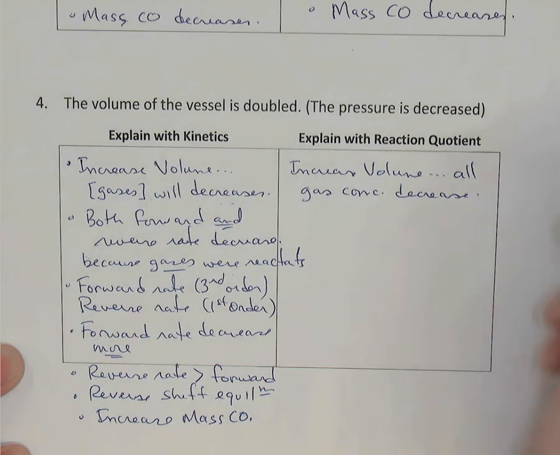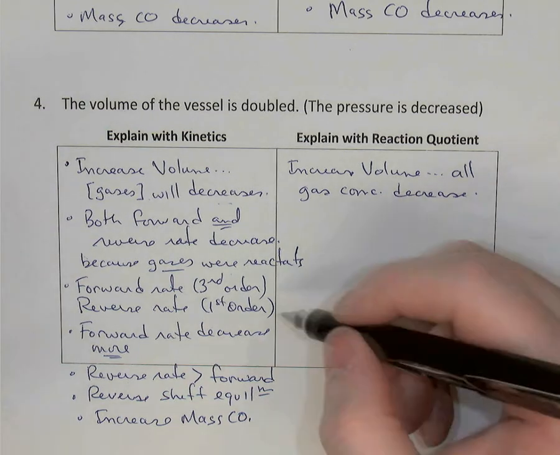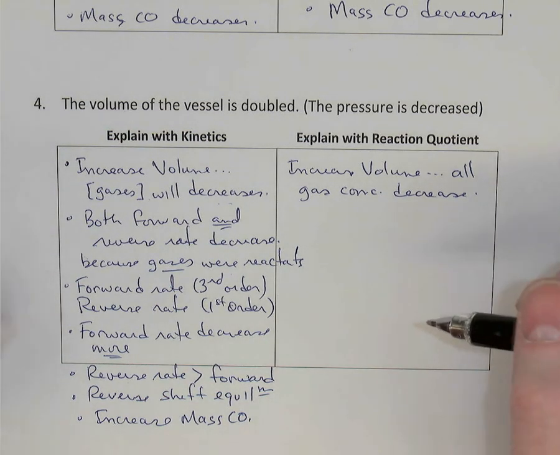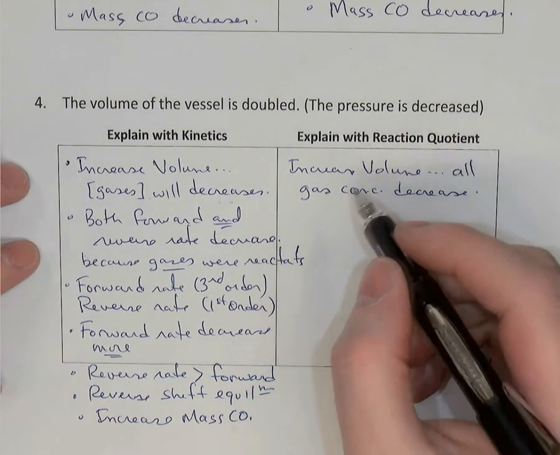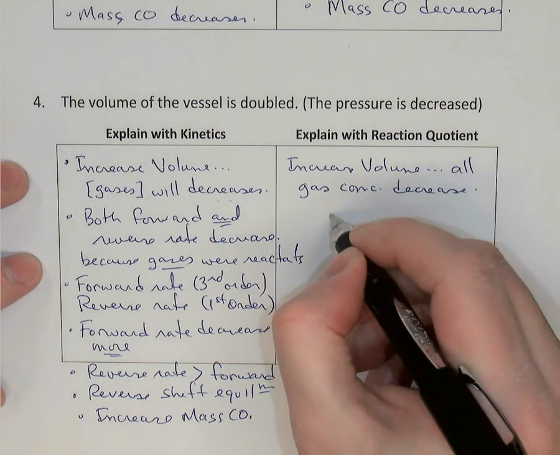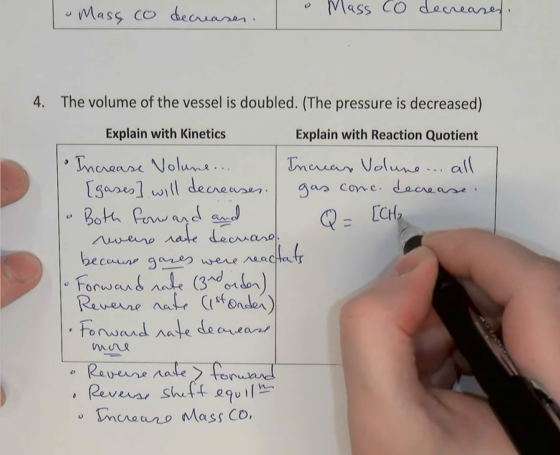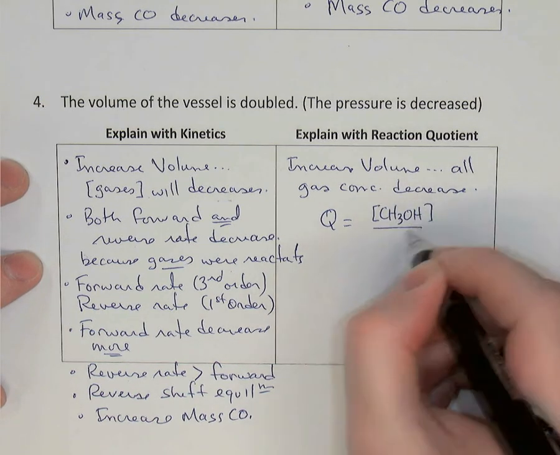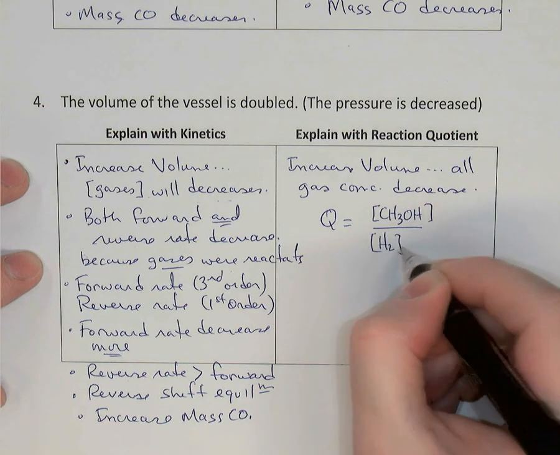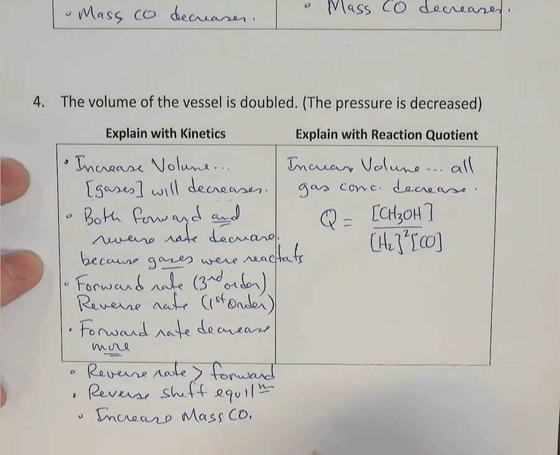Okay? Now, the explanation with the reaction quotient is similar, actually, to the kinetics, in that we're going to be looking at orders again. But this time the orders come from the reaction quotient expression. So I'm going to write that again here. Q was equal to the concentration of methanol over concentration of hydrogen squared and concentration of carbon monoxide.